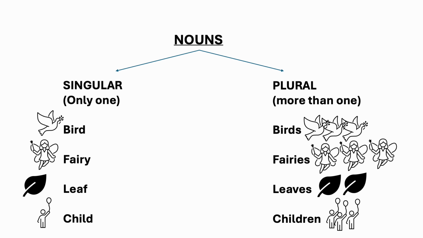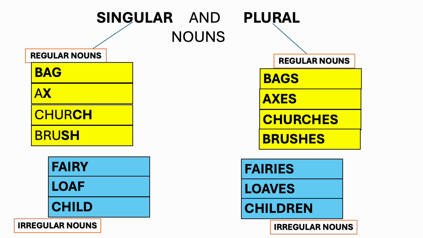Fairy, fairies. Leaf, leaves. Child, children. Here are more examples. Singular, bag, plural, bags. Axe, axes. Church, churches. Brush, brushes.